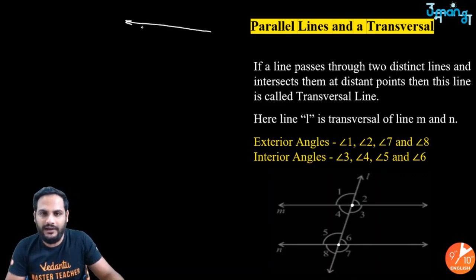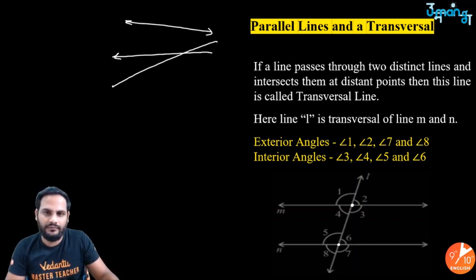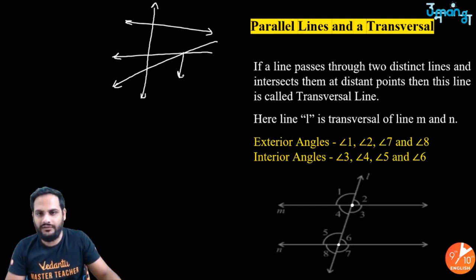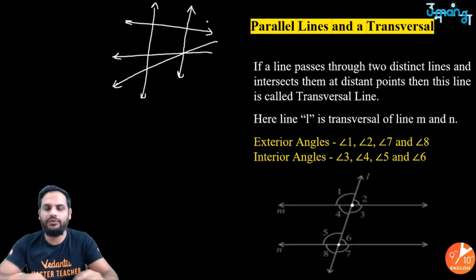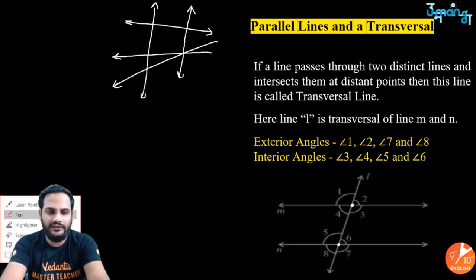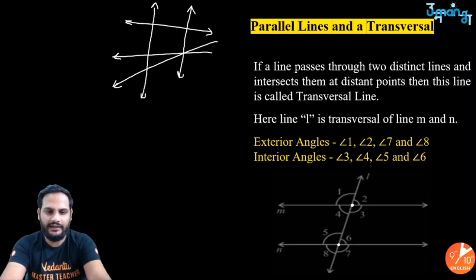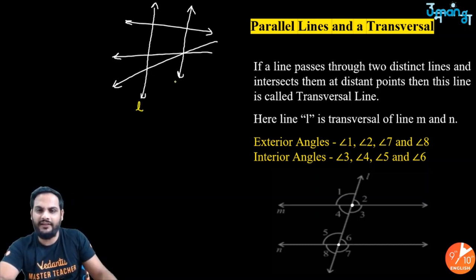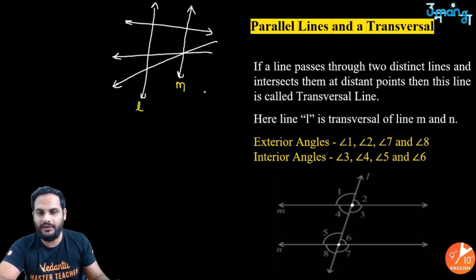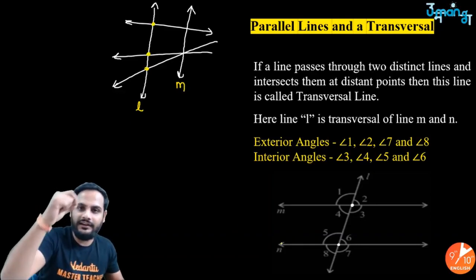For example, I have these three lines over here. If I draw one line and another line, let us say lines L and M, and I ask you which one is a transversal, remember L is a transversal line because it is intersecting all three different lines at three different points.